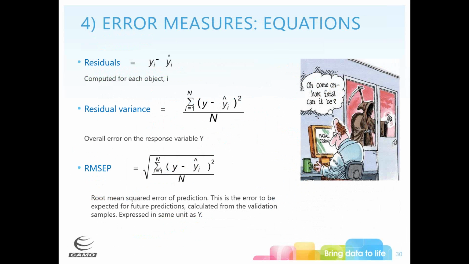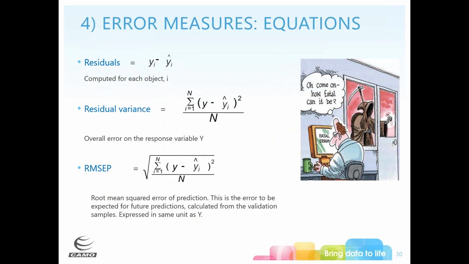This is the equation for the error measurements for anyone who is interested in how it's calculated. So we have our predicted value minus our known value. We square that and sum those over all of the values we looked at and divide by the number of samples. And then we take a square root of that. Now this particular equation is for a test set of data.